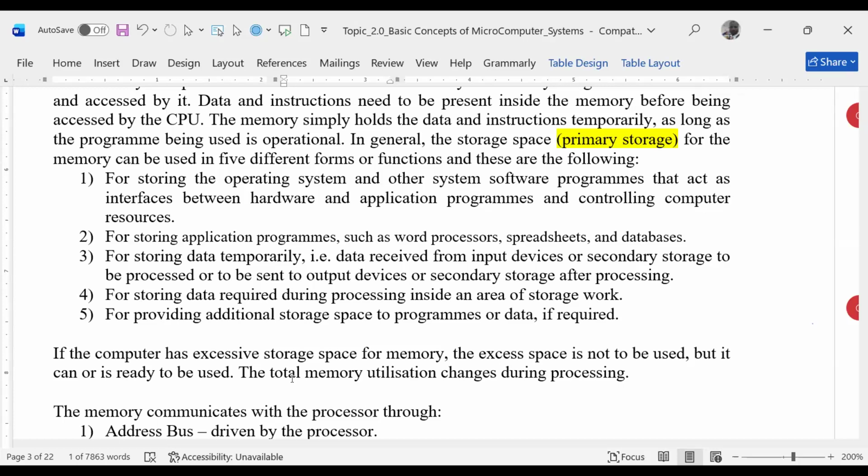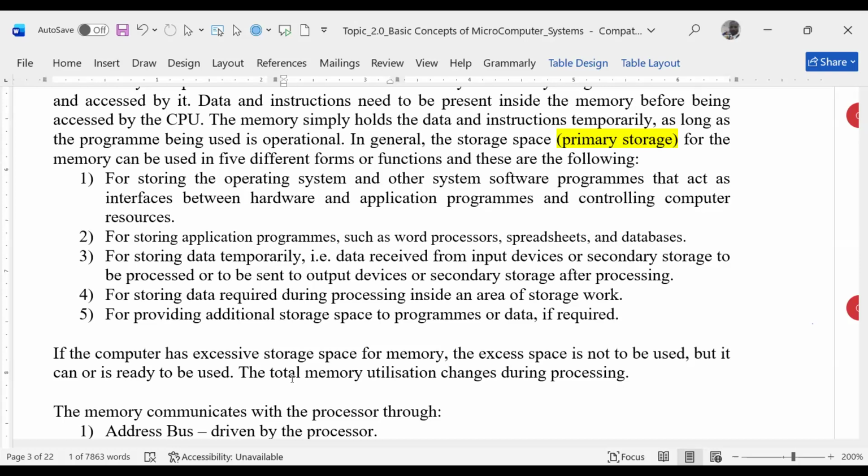Again, provide space for programs that are running or data when required. When you switch between two or more programs, the system apportions space automatically. For example, you have opened CorelDRAW, which is a very big file. Then later you open Excel, smaller than the CorelDRAW.